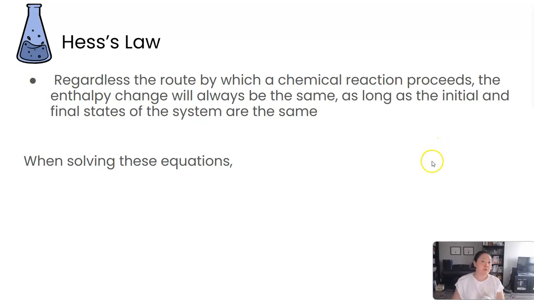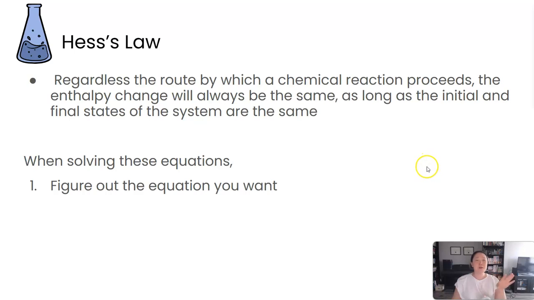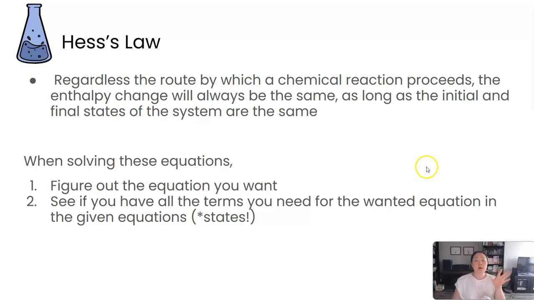Now, when it comes to solving these kinds of questions, my general advice is to figure out what your final equation is that you want, see what you have in terms of the thermochemical data and the references that you have, and see what matches up with where you want to get to.